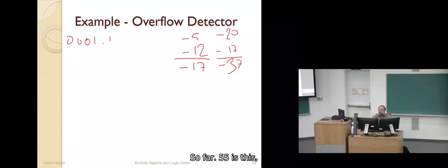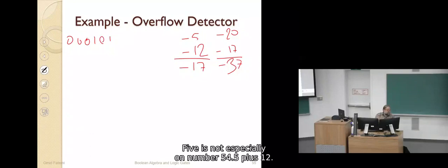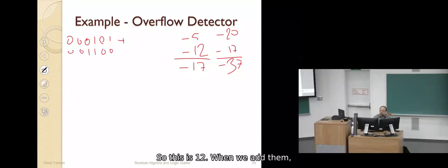I just put an example. 5 is not a very special number. 5 is 4 and 1, and we want 5 plus 12. 12 is 8 and 4. Okay. 8 and 4. So this is 12.